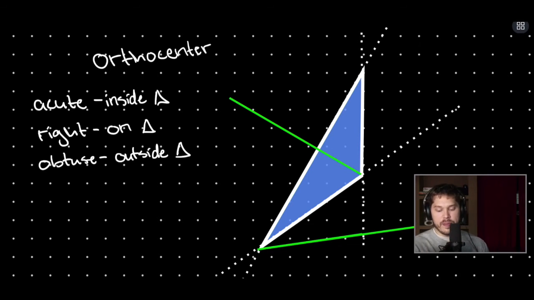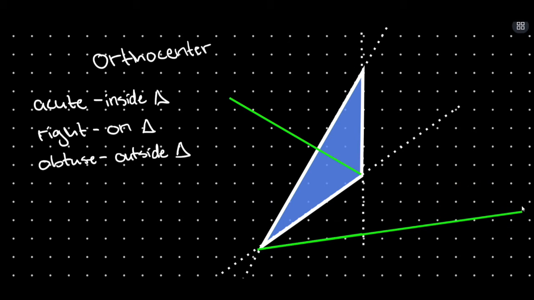I can see I may be in the way for this problem, so I'm just going to remove myself for now. I'm going to redraw this first line we drew, just to make it longer, extend it out all the way. So it's the same line. And then from our top vertex, we're looking for a right angle upon this line.